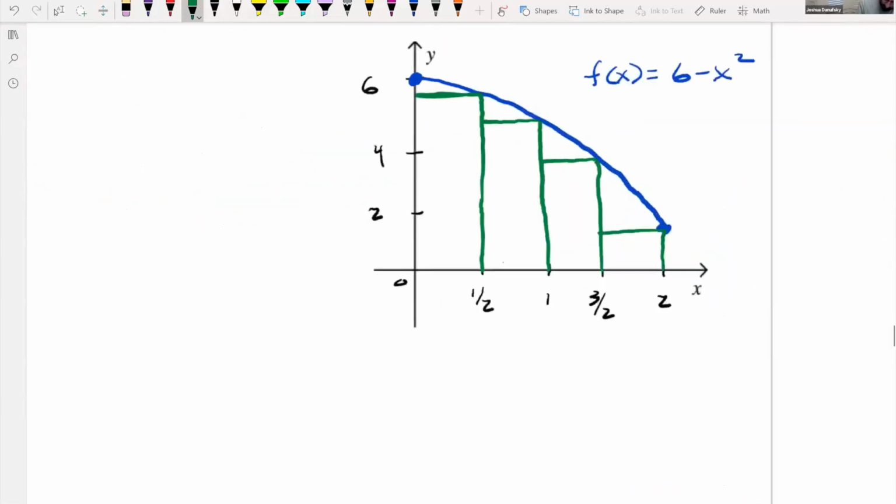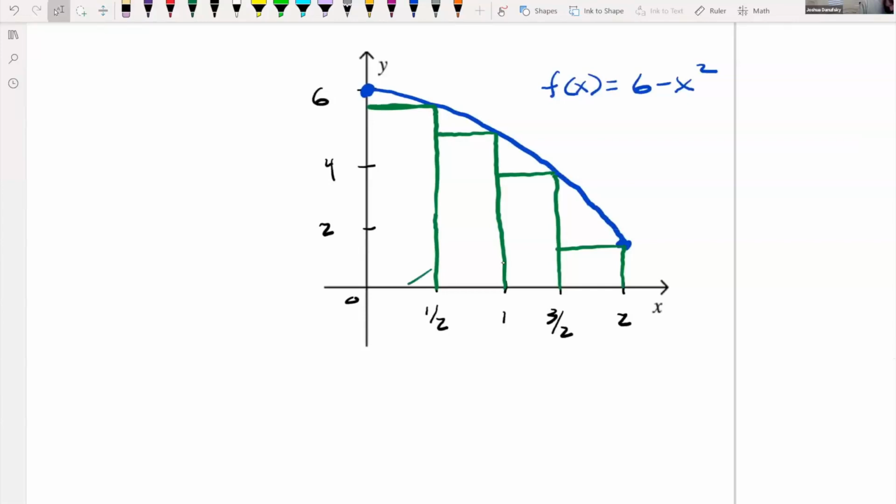If we start with our first rectangle, we're trying to get this area right here. We want the height here at a half going up to the function. Well, what is that orange length? It's simply the value of the function at a half. It's going to be the height up to the function at a half, in other words, f of 1/2.